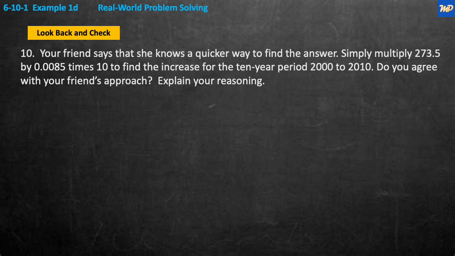For this problem, she says simply multiply 273.5 by 0.0085 10 times to find the increase for the 10-year period from 2000 to 2010. Do you agree with your friend's approach? And explain. Why don't you go ahead and think about this for a while before I go on? That would be like a check your understanding here, right? Check your understanding for the real world problem.